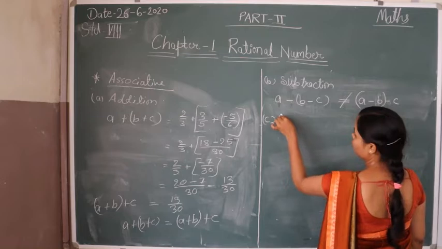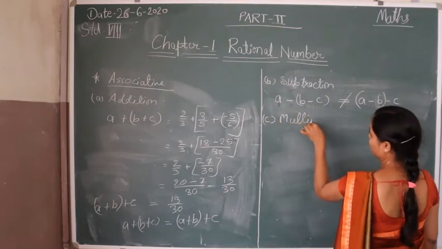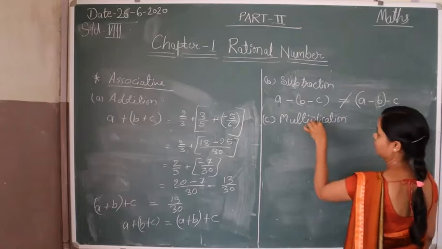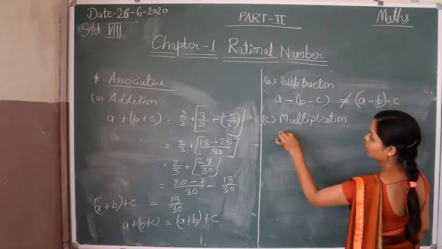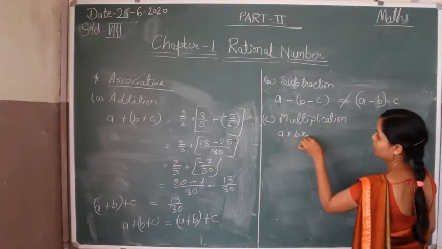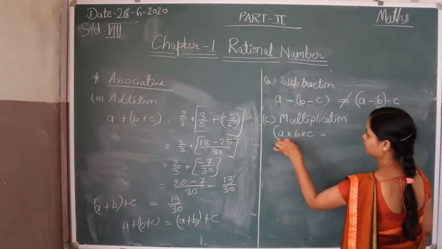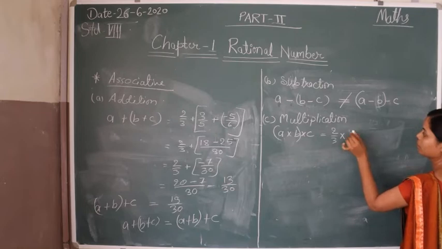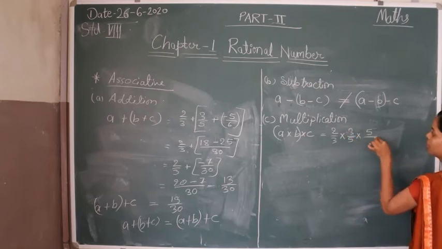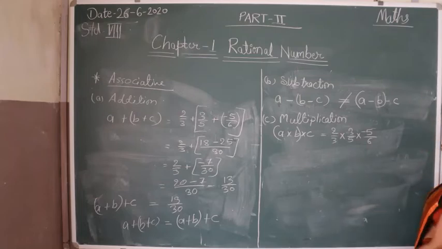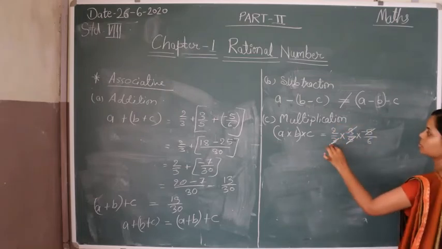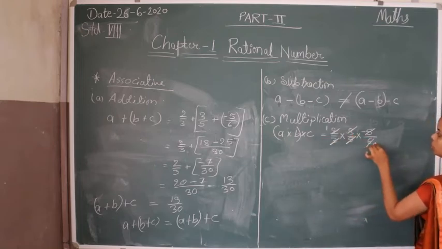Okay, now we solve for multiplication. For multiplication, A multiply B multiply C. 2 by 3 is multiplied by 3 by 5 is multiplied by minus 5 by 6. So 5 is cancelled by 5, 3 is cancelled by 3, and 2 1s are 2, 2 3s are 6.